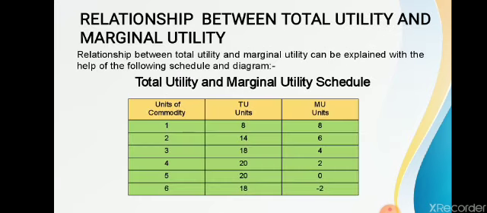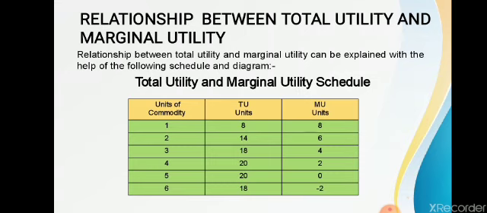Students, let us proceed to the next part, that is, the relationship between the total utility and the marginal utility. This concept can be better understood with the help of the schedule, that is the table, and the graphical presentation of the total and the marginal utility.